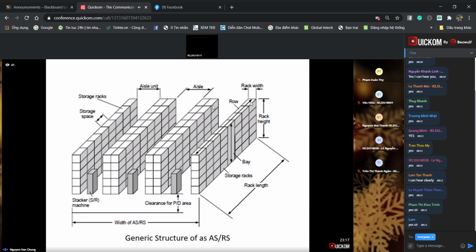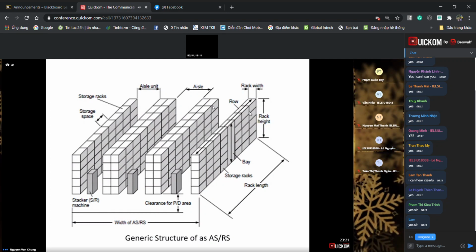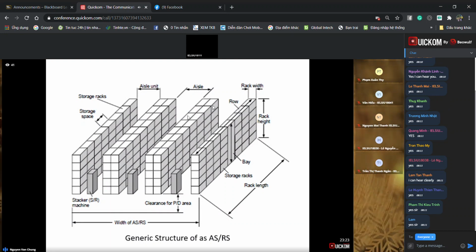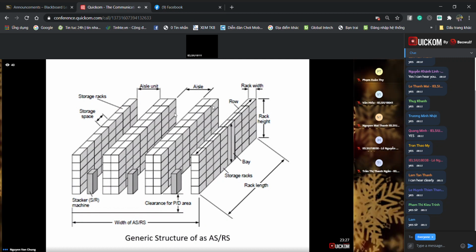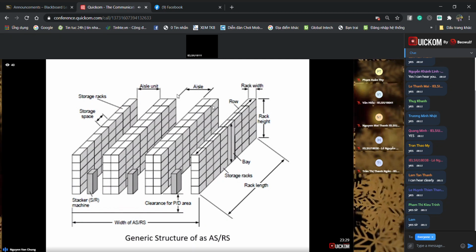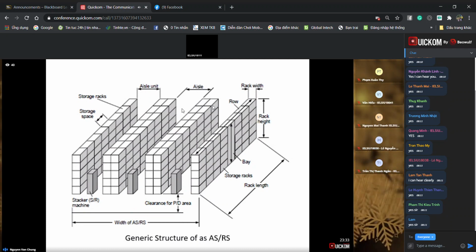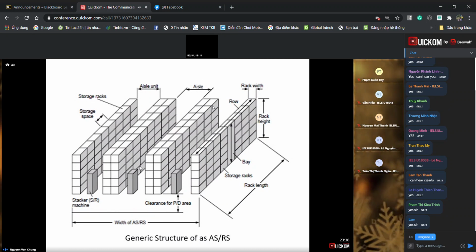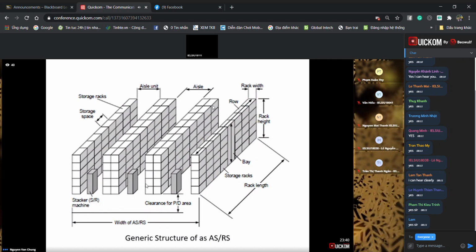And then you have the row, and between the two racks you see this aisle here. The aisle is for the SR machine to move inside.